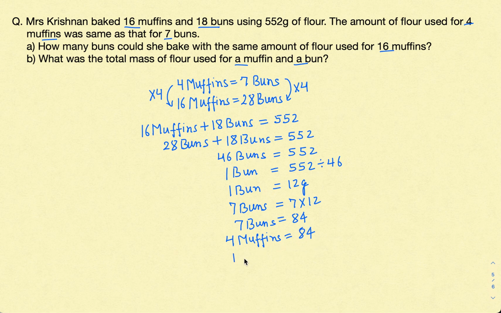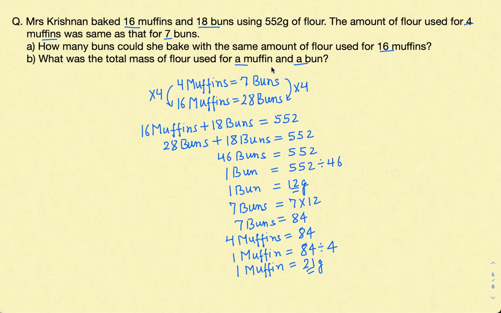So how about 1 muffin? 1 muffin is pretty straightforward. It should be 84 divided by 4, and that will give us 21 grams. So one muffin is 21 grams. Now we know how much flour is required to make 1 bun and how much flour is required to make 1 muffin.